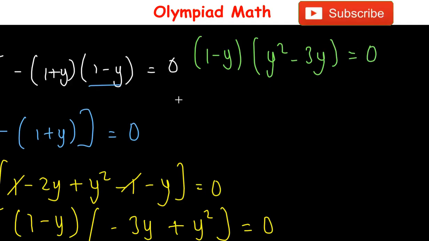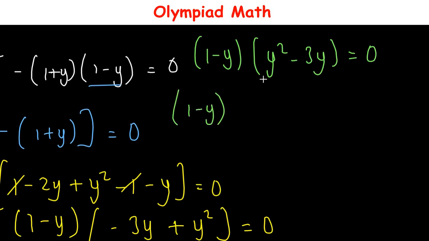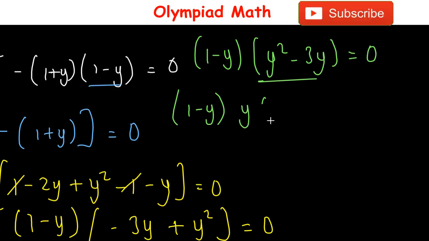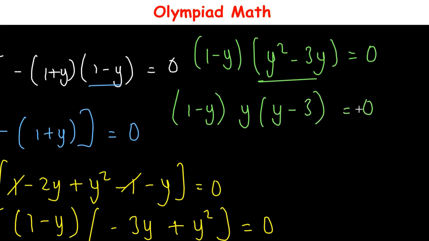At this junction, we have in brackets 1 minus y. We have a common factor, which is simply y. Factorizing out y, in brackets we have y minus 3, and this equals 0.